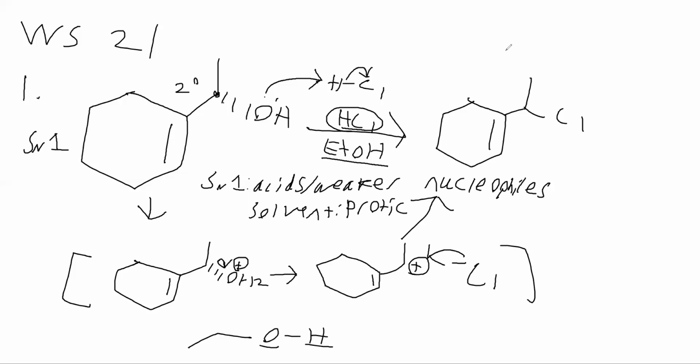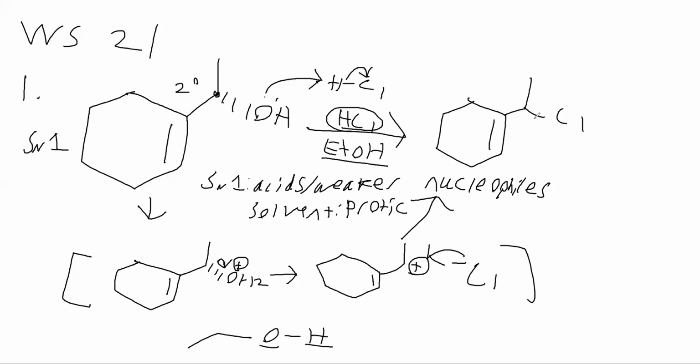And what happens to stereochemistry when you do an SN1 mechanism? I've kind of already shown it, but can anybody say or point it out? So we started with this being a chiral center here, and the stereochemistry was shown.